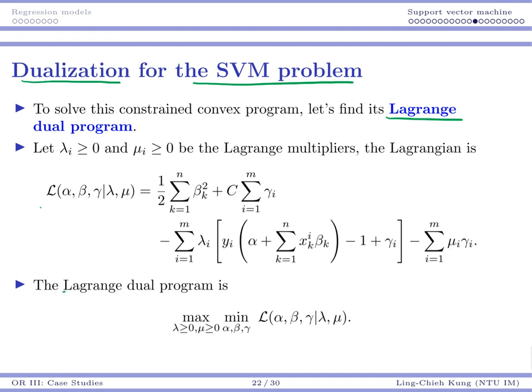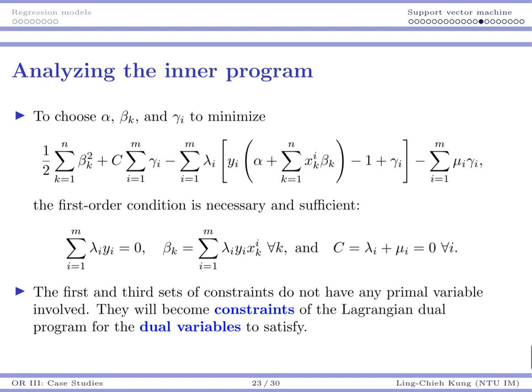Once we have that, the Lagrange dual program is to choose lambda and mu in the right way to maximize the outcome of this minimization. We know that minimization of the Lagrangian always gives us a lower bound, so we choose lambda and mu to maximize the lower bound. That's Lagrange duality. Now let's take a look at the inner program.